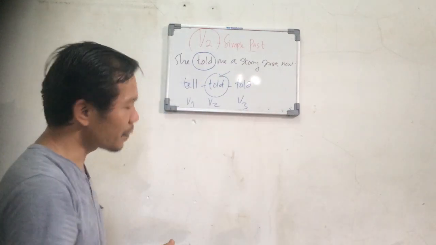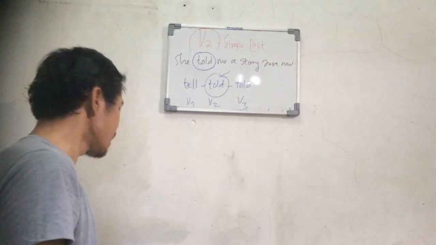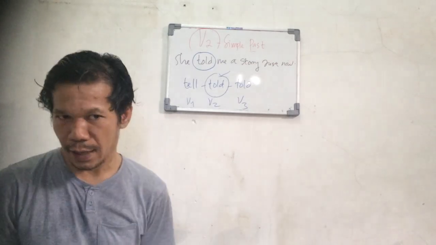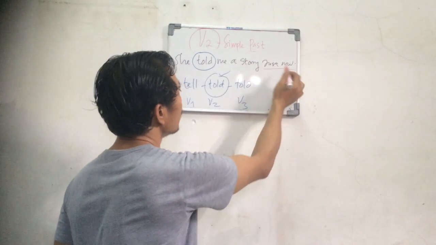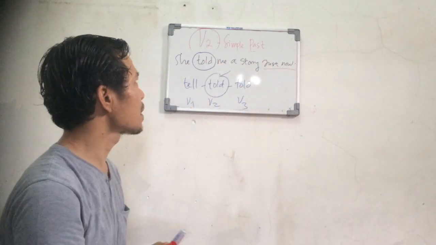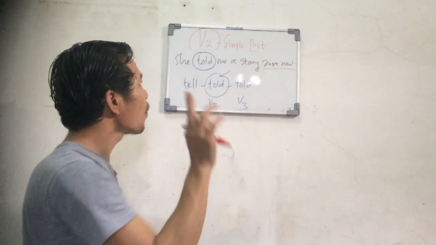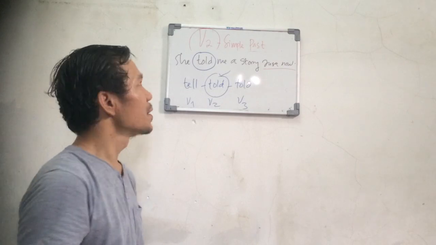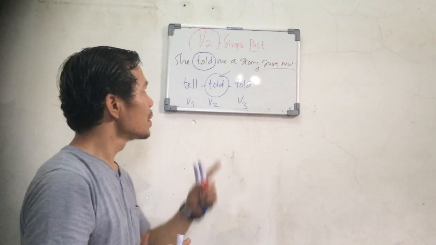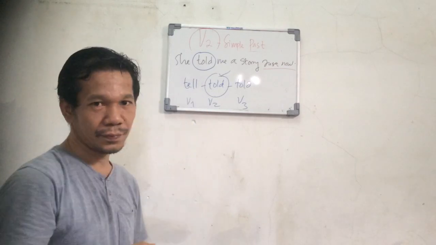The specific time in this sentence is just now, right? So we use told as the verb 2, and then we use the specific time, just now. This is called simple past. This is the first example.